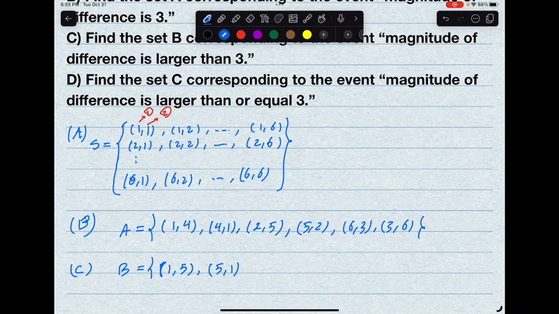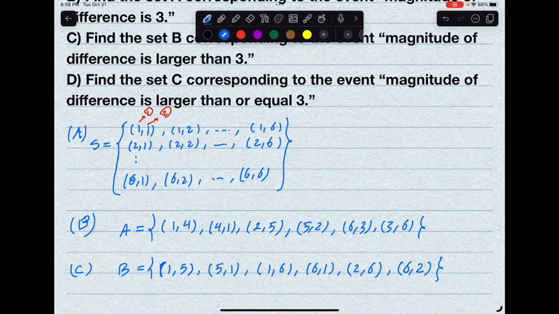One five, five one. It can be 1 6, 6 1. It can be 2, not 2 5, but it can be 2 6 and 6 2, and that's it.